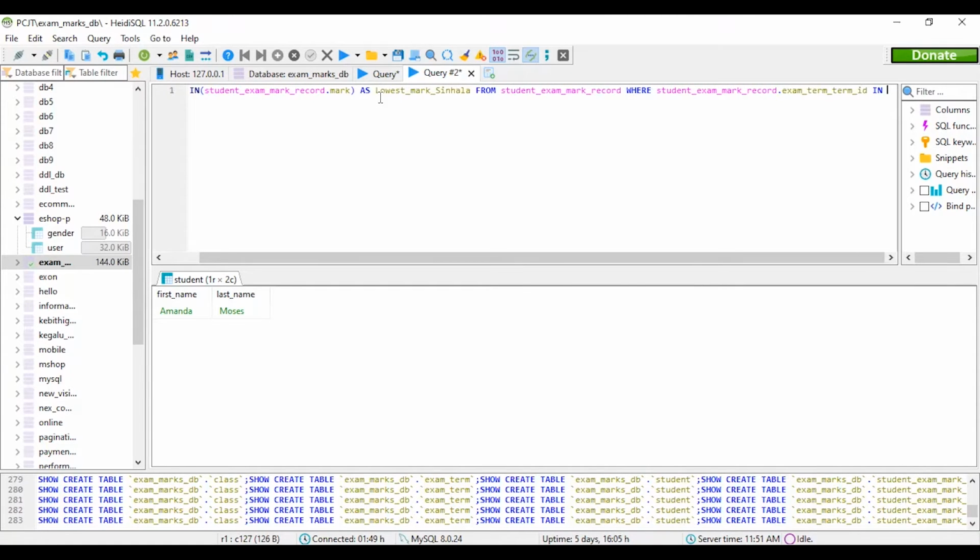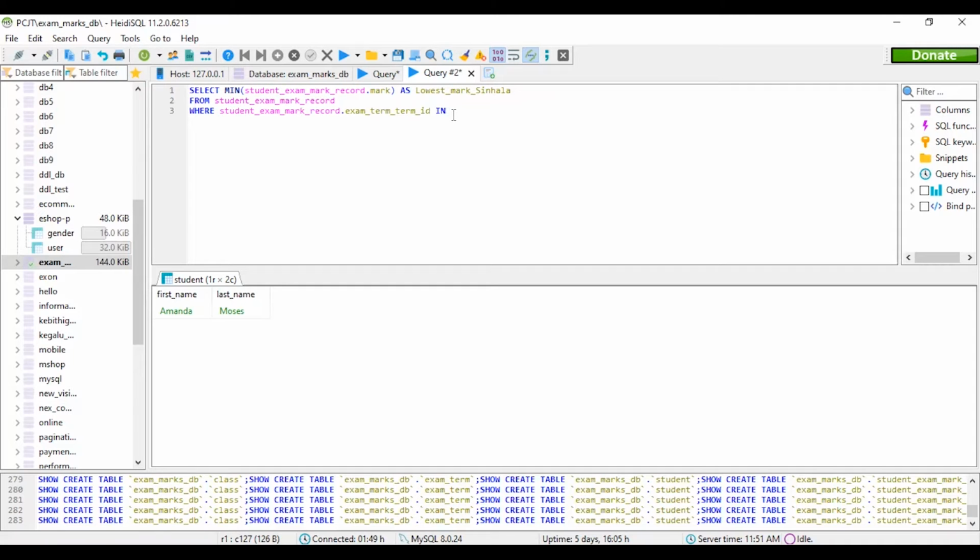So we are writing subqueries for this query and we are going to search the term ID now. And we are going to search the subject now.